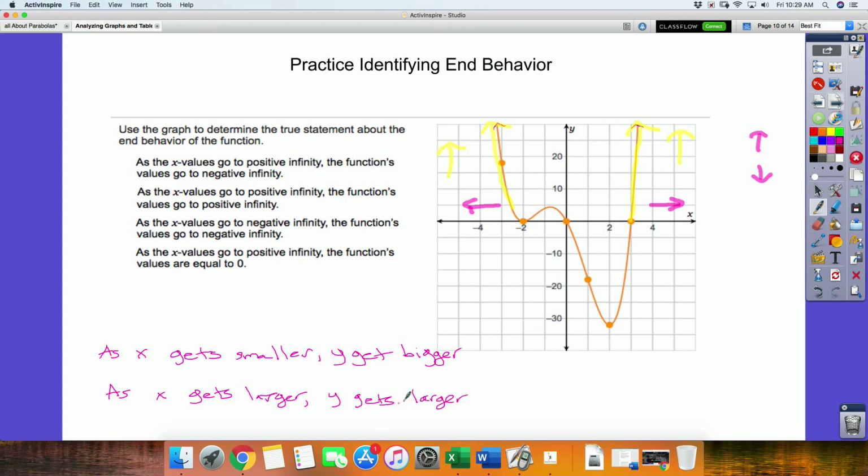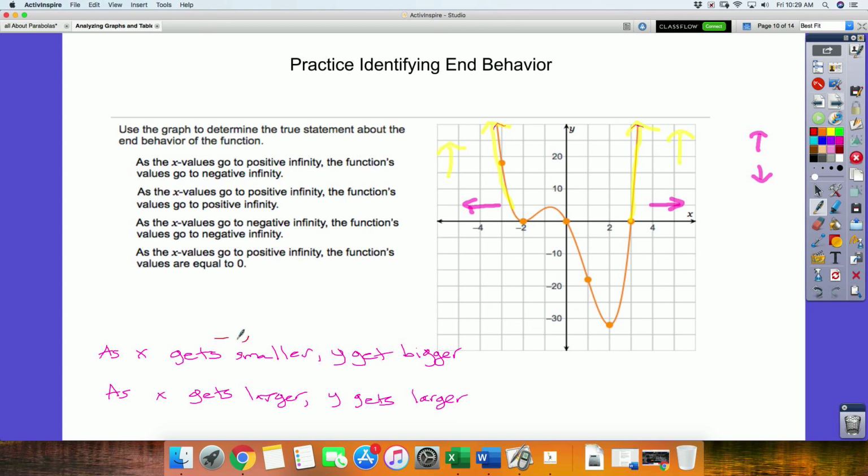Now notice I haven't even looked at the answers up here. I just wrote down what I saw. Now that I know what I've seen, I'm going to go look at the answers because I don't want to get confused. So I know that I'm basically looking as x gets smaller, meaning -infinity.